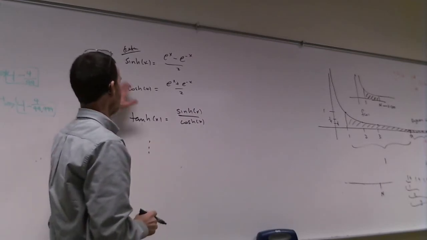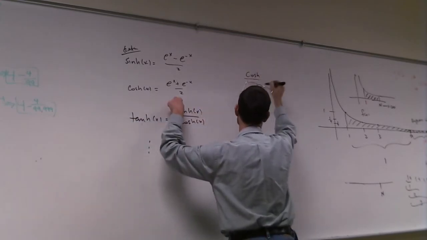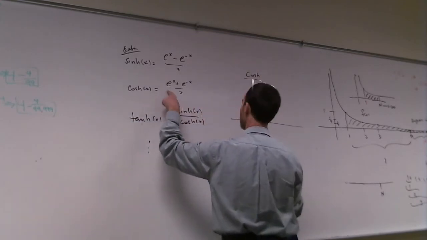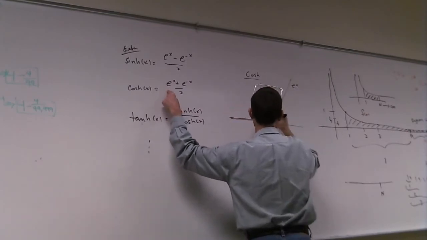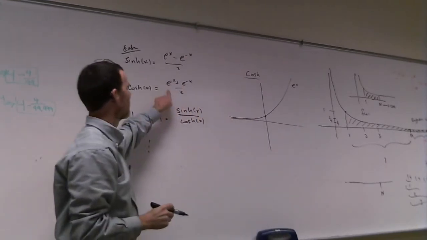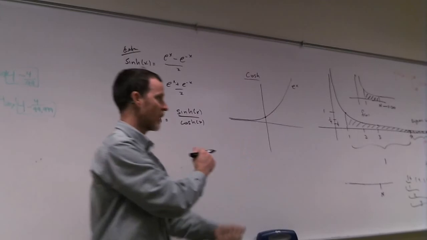So what are these functions? Let's look at cosh for a second. What's e to the x like? E to the x looks like this. What does e to the negative x look like? Yeah, that flipped around the other way, right?